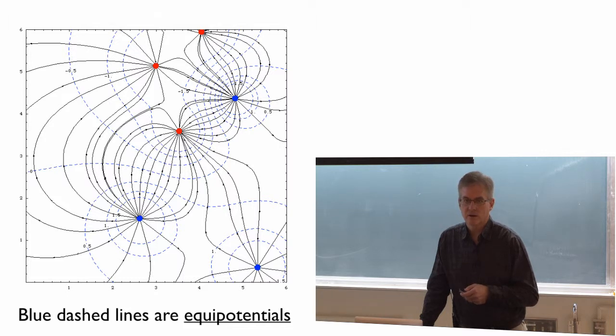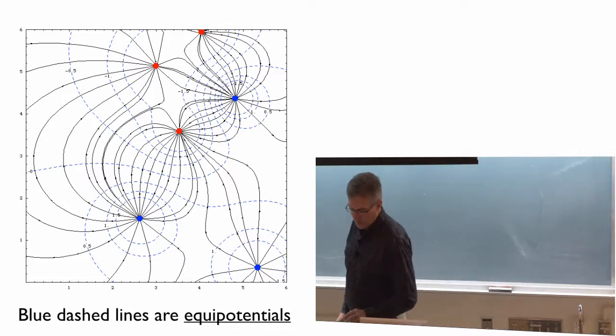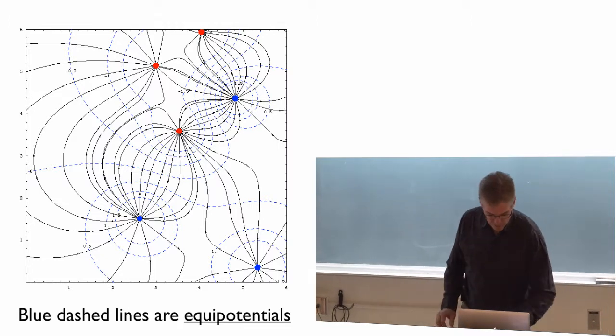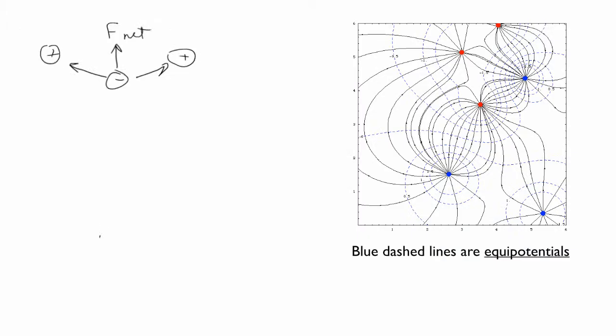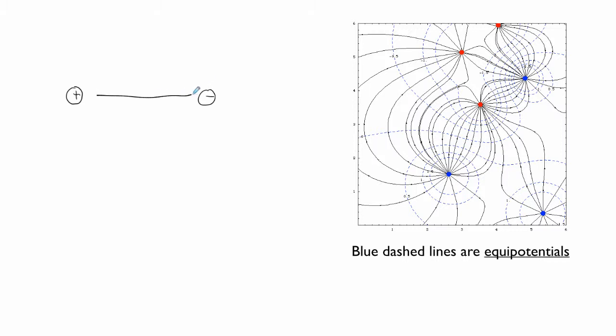That makes sense, right? Now let's do a simple example of that. Suppose we have a positive charge here and a negative charge here, and we want to draw the equipotential lines. Well, we saw that the electric field lines look sort of like this, right?